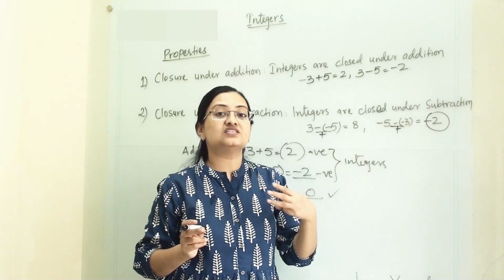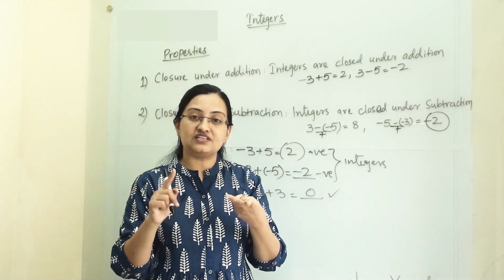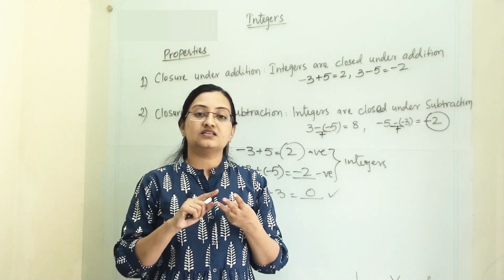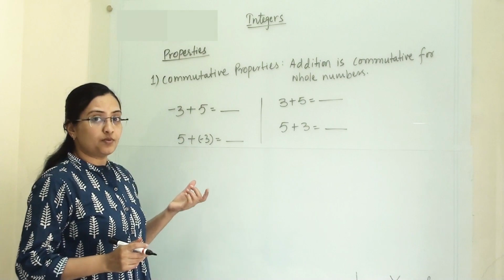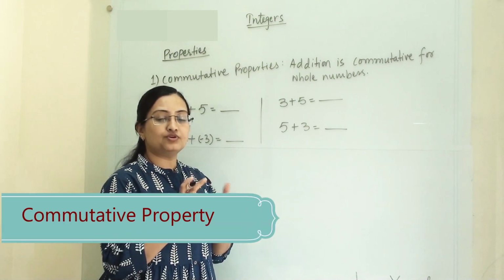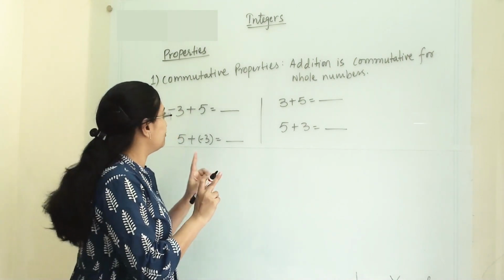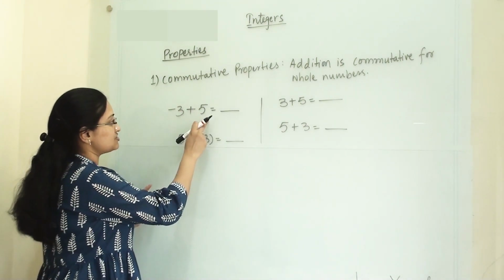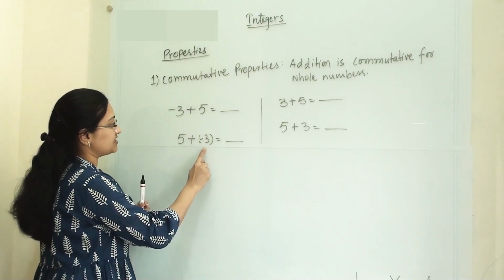Now moving towards another three properties: associative property, commutative property, and the simplest one, additive identity. Our first property is commutative property. What is the meaning of commutative property? It means changing the order. So first is -3 plus 5. Here I have changed it to 5 plus -3.